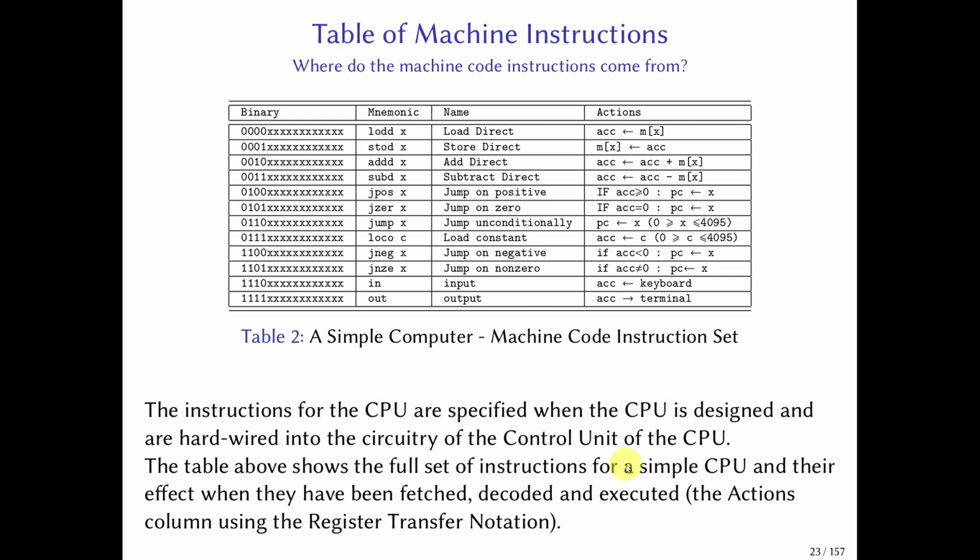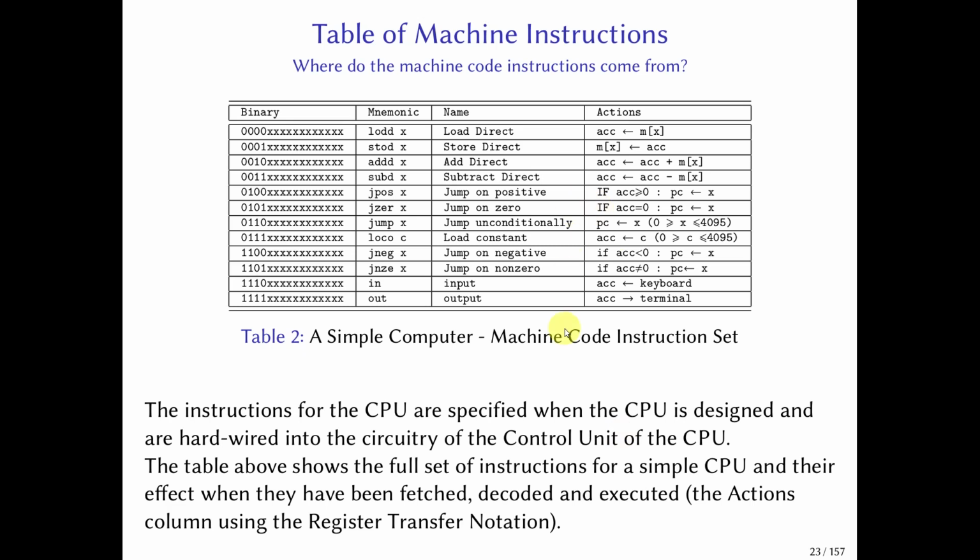But on slide 23, you'll also see a table which specifies the available machine code instructions for this simple computer. Now, real computers have hundreds of machine code instructions, but our computer only has about, how many is it? 15, I think, or it's not even 15. It's a very limited number of machine code instructions.